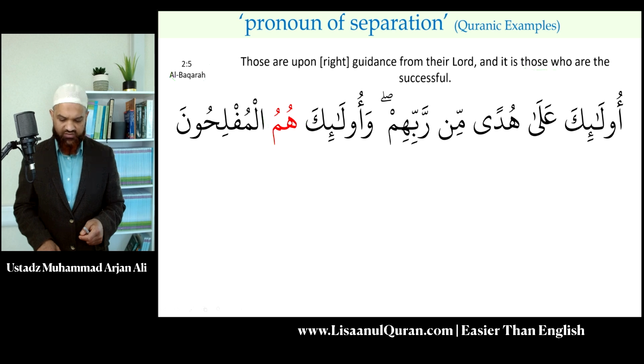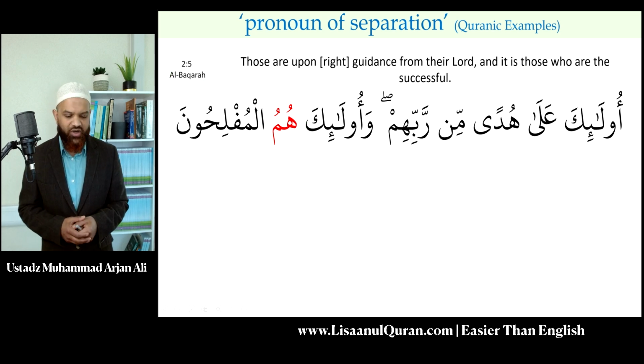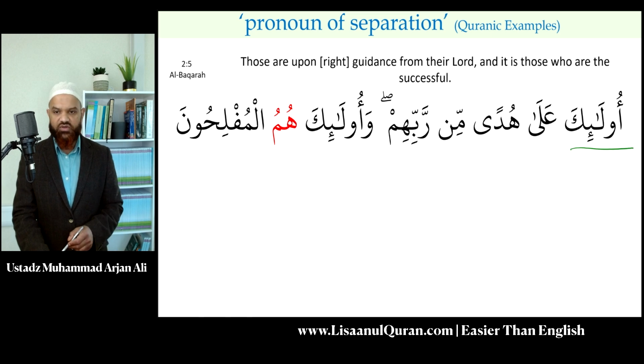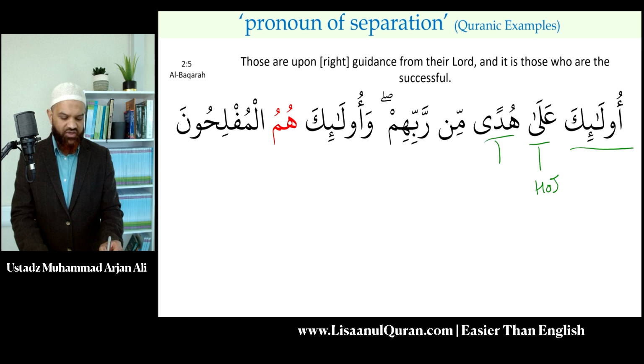So let's quickly look at the first part. Since we've learned quite a bit of Arabic, we should be able to recognize. Ulaika, we know, is a pointing word, which we've learned in this lesson. Ala is now your harf of jar. I hope you can recognize that instantly. So this must be your ism majroor, because remember, they always come after each other.